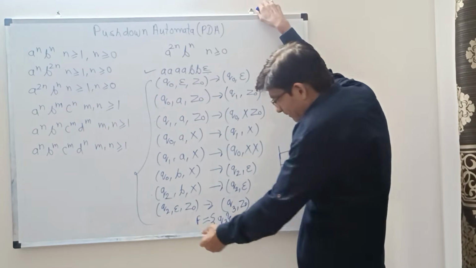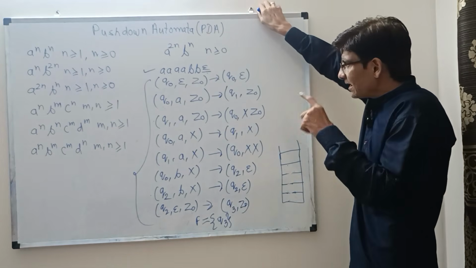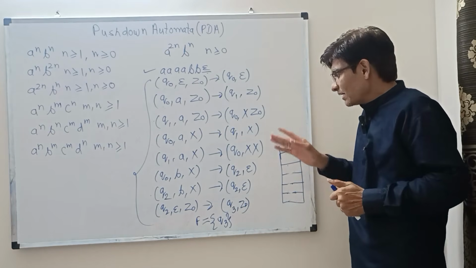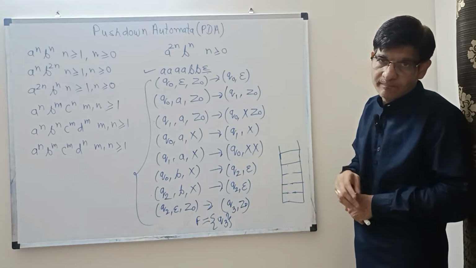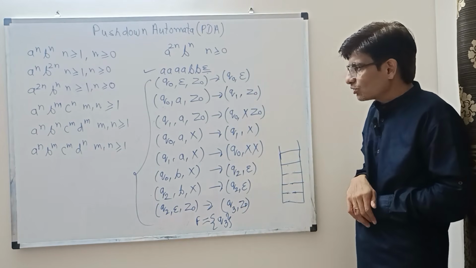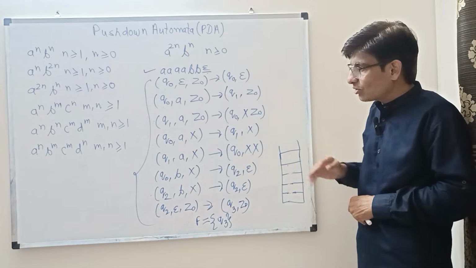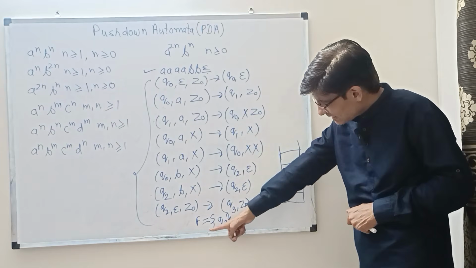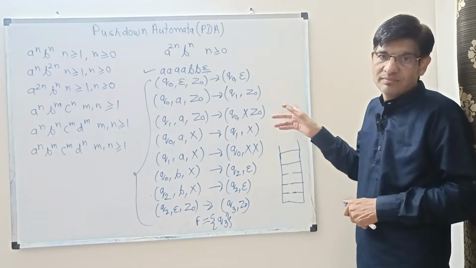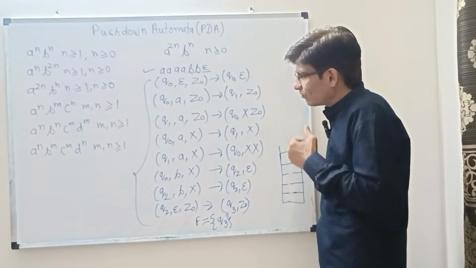So only by changing the last rule, you can convert any PDA accepting strings by empty stack into a PDA accepting strings by reaching final state. I hope this is very clear to all of you. In the previous example we have discussed already, so you can use the same technique to convert it into a PDA accepting strings by reaching final state. I hope you can do it now very easily.